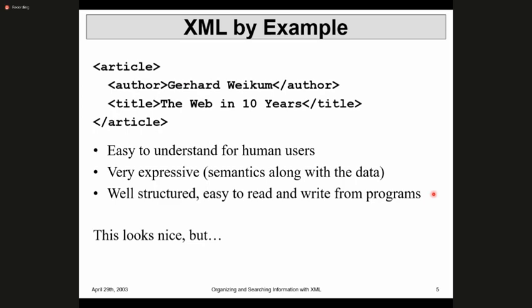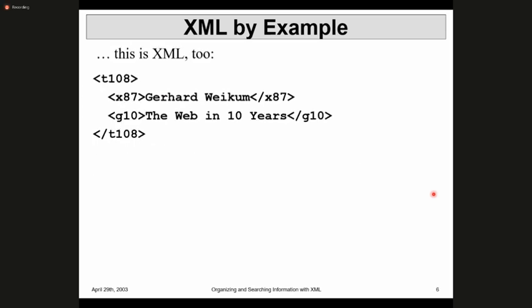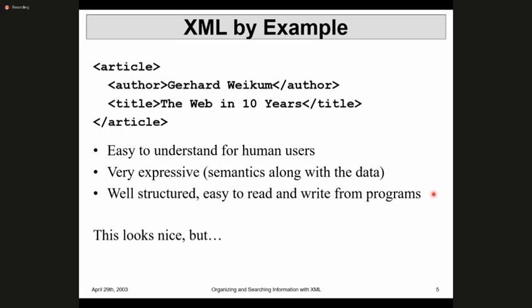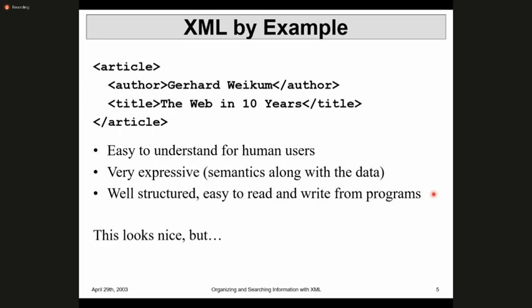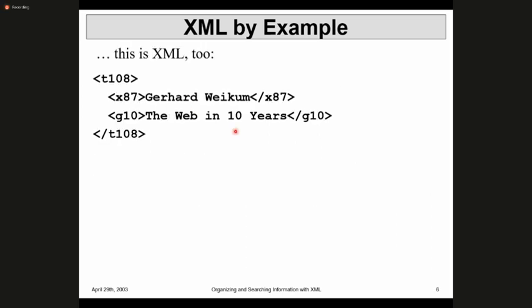This looks nice, but this is XML too, right? This looks nice, it is easy to understand, very expressive, well structured, easy to read and write from programs. Yes, this looks nice, but this is XML too, right? Now look at this one.